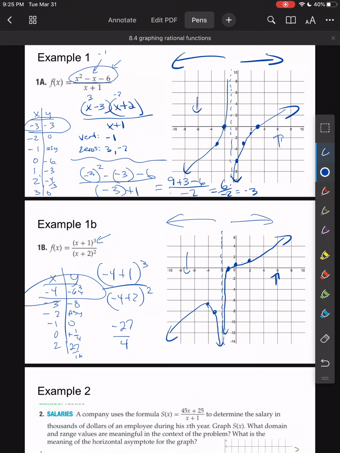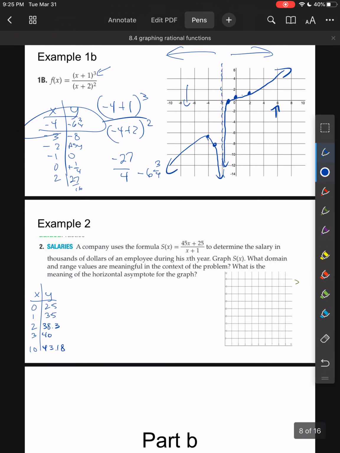So 4 goes into -27 -6 times, and then you have 3 left over. So that's how I got the -6 3/4. You can also do that on your calculator and convert it to a decimal. That's fine too.